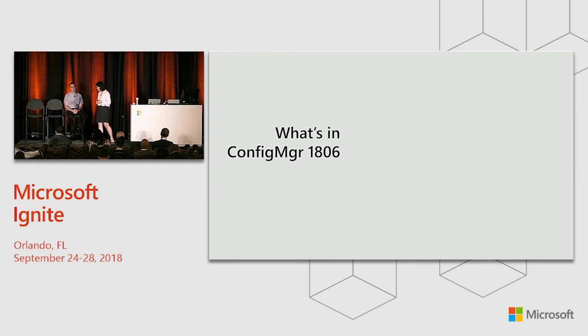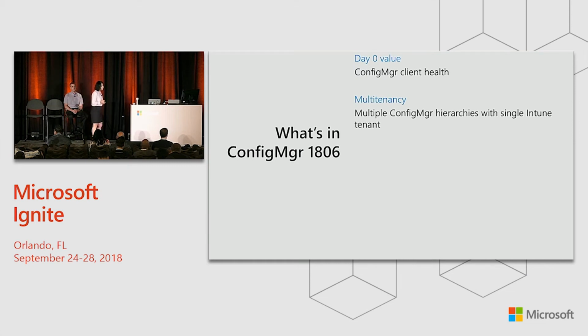Okay. So in the summertime, we just released our latest ConfigMgr 1806. It has a lot of features in this release. And for co-management, what we had was that we baked in the logic in ConfigMgr so that the client information can be sent to Intune, as I mentioned earlier, so that Intune has the knowledge of the last state of the client.